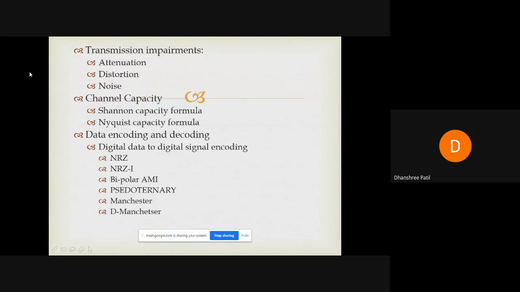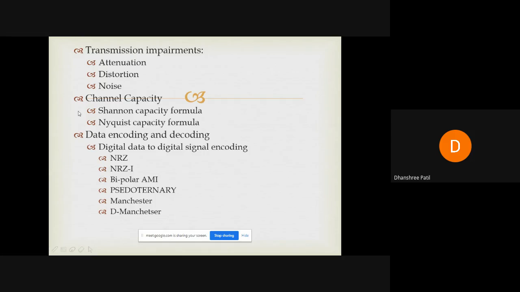Then transmission impairments: attenuation, delay distortion, and noise. Then the concept of channel capacity, Shannon and Nyquist, the two scientists who gave the formulas to calculate the capacity of a channel in the presence and absence of noise.